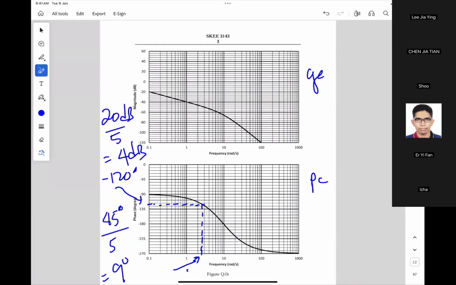2.5, am I right? 3 radian per second. 2.5 lah, what? 1, 2, it is between 2 and 3, so 2.5. Okay. 2.5 radian per second.